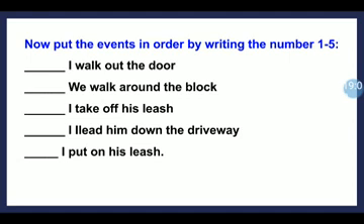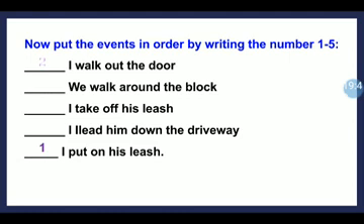What is the first thing that was done? Let's see if you're correct. So the first thing that was done is I put on his leash. What is the second thing that was done? Let's see if you were correct.